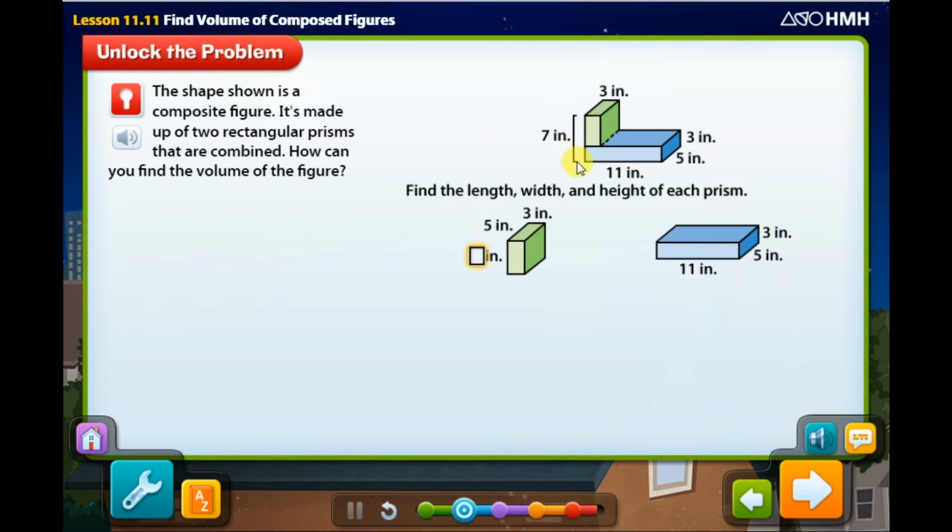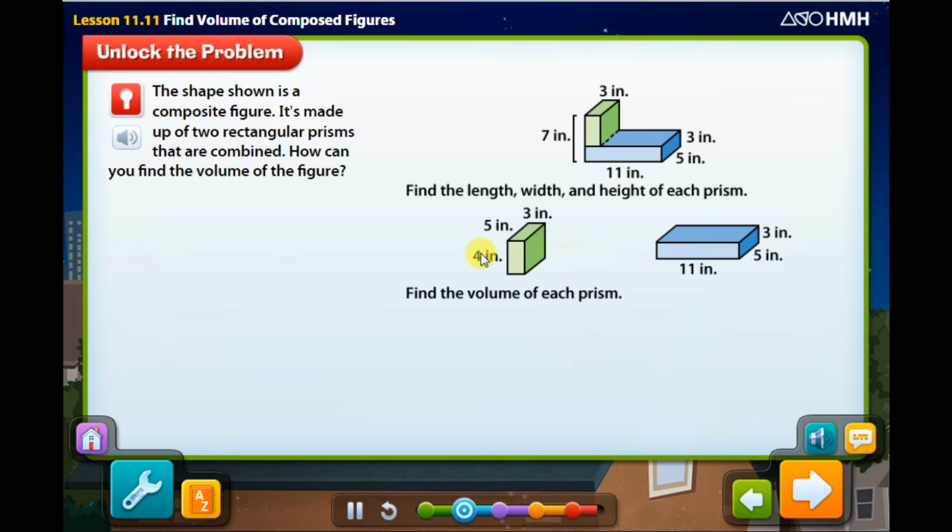So you have to subtract from 7, the whole height, the small height down, which is 3. So 7 minus 3 will give me 4, which is the height of this rectangular prism. So the unknown height is 4 inches.